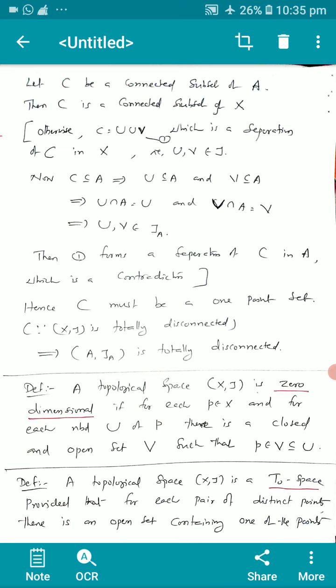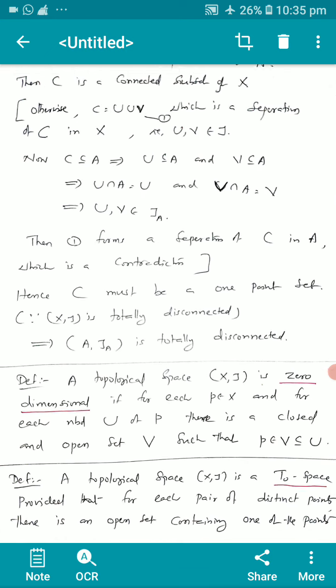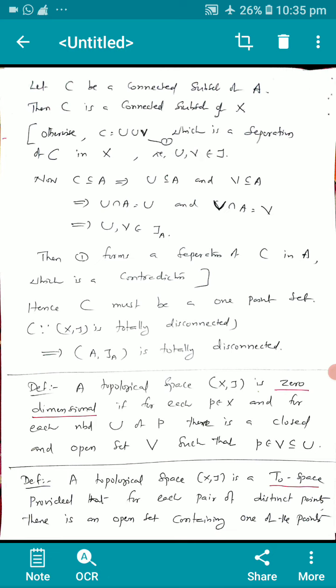That is, U and V are elements of tau, and C subset or equal to A implies U subset or equal to A and V subset or equal to A. That implies U intersection A is equal to U and V intersection A is equal to V. This implies U and V are elements of tau_A, the subspace topology.